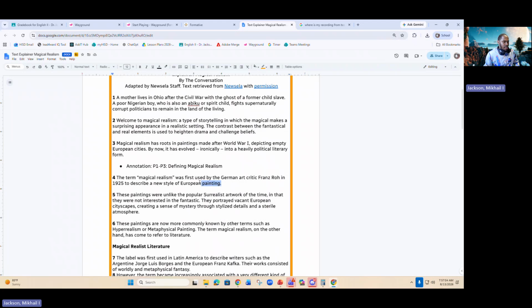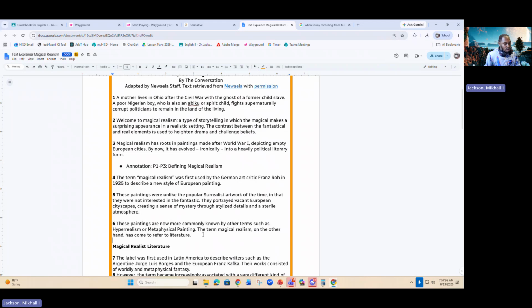Again, since this is one sentence, I need to merge paragraphs to at least get one annotation to cover 5 sentences. So that's just about these 3 paragraphs. Okay. So I'm reading all these. Paragraph 6. These paintings are now more commonly known by other terms such as hyperrealism or metaphysical painting. The term magical realism, on the other hand, has come to refer to literature. Okay. It's come to refer to literature.